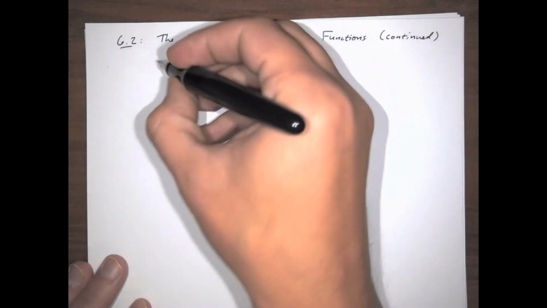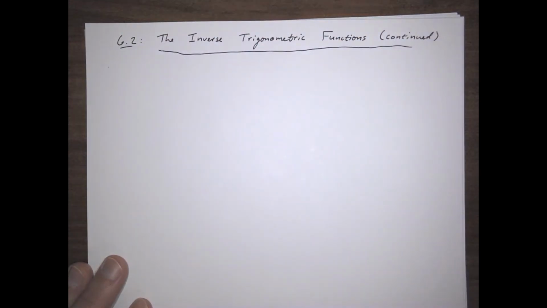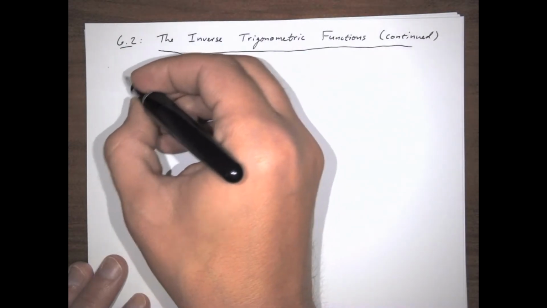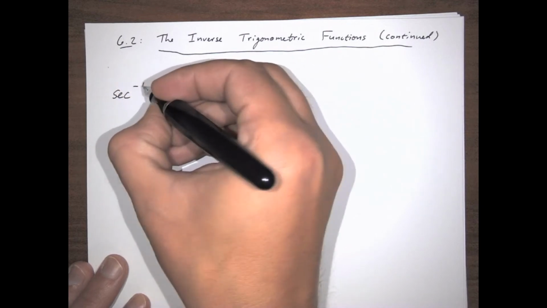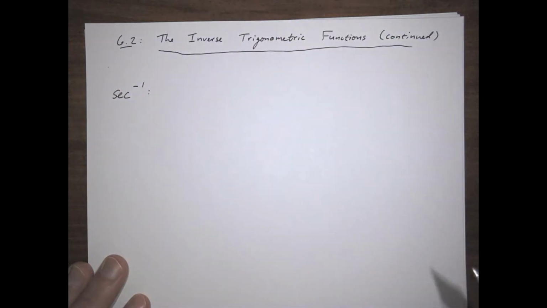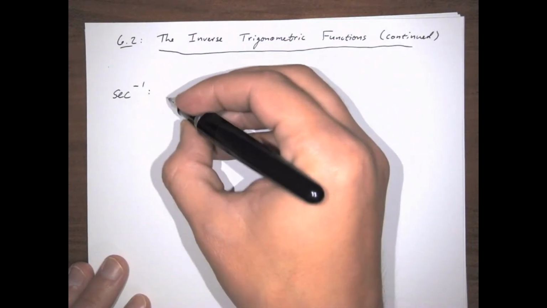Alright, so in other words, we are now going to be defining the inverse secant, cosecant, and cotangent. So secant inverse, or arcsecant.